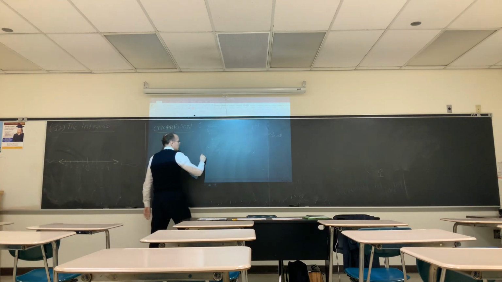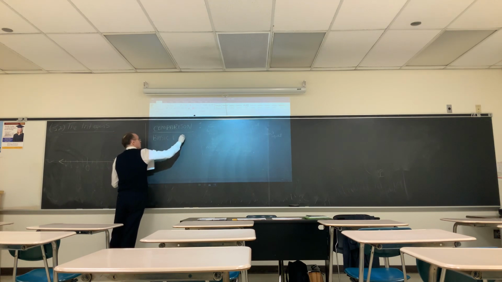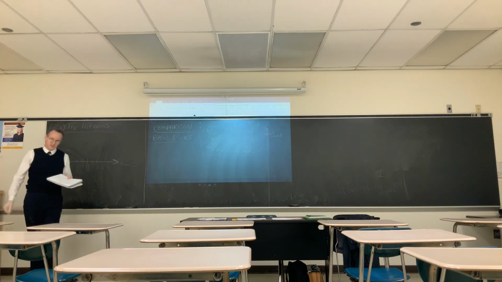Now, if you're comparing integers, it can get a little tricky. So let's establish some basic ground rules. You don't have to draw a number line. I think a lot of textbooks encourage kids to do that, and there's really no sin in that, but to me, if you had to do that every single time, it's probably more trouble than it's worth.